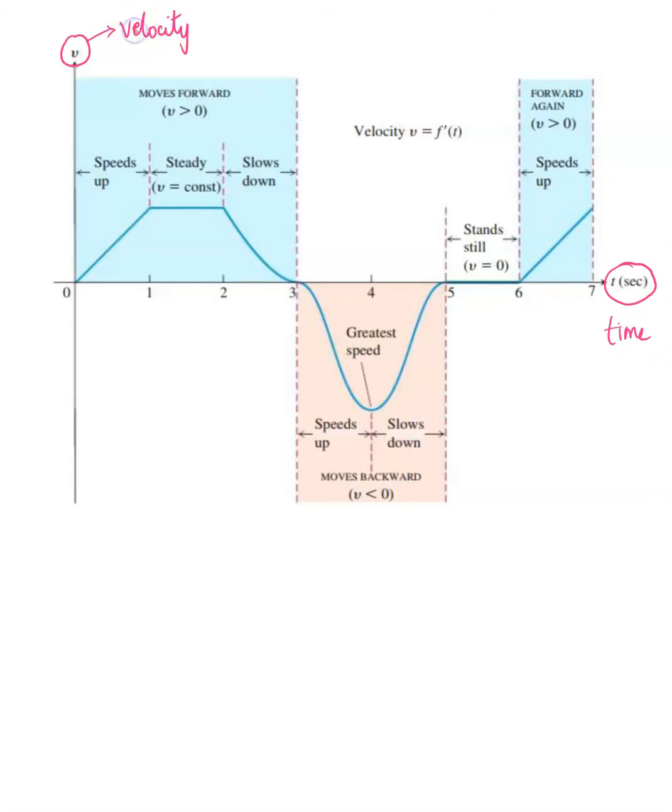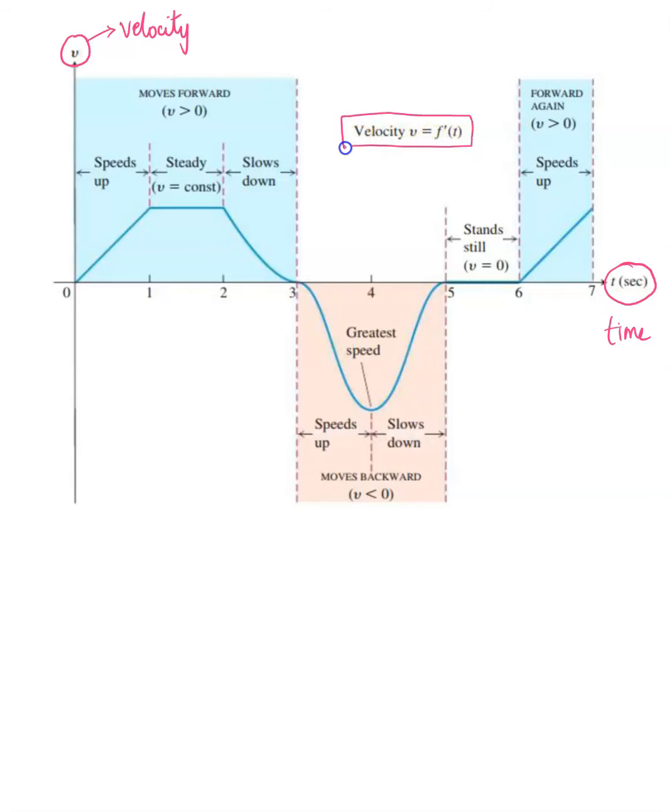And velocity is not the same as the position of an object, right? Velocity itself is how fast an object moves with respect to time. So velocity here is about the speed in our regular terms, but we know now that speed actually means positive values only, and velocity is something that can go positive or negative, right? So we also have that information here.